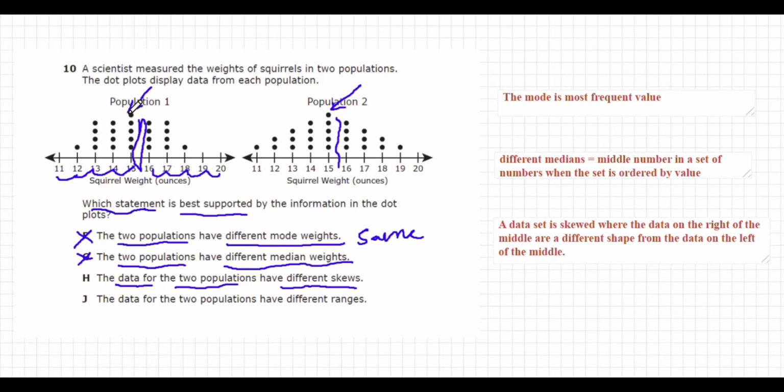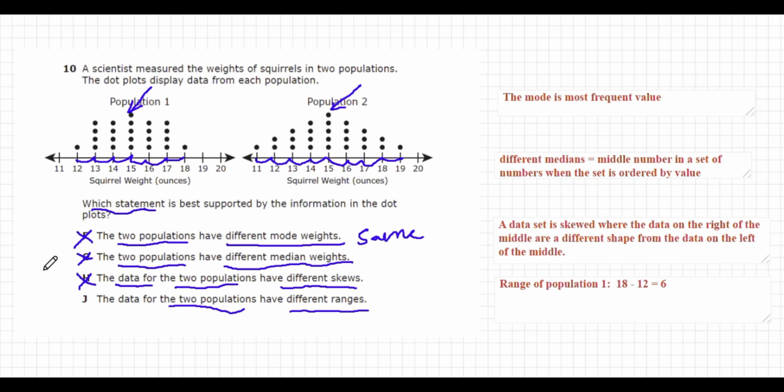A dataset is skewed where the data on the right of the middle are a different shape from the data on the left of the middle. Again, we have the same skews here, hence eliminate H. Option J. The data for the 2 populations have different ranges, which means max subtracts min. We have different values for ranges here, therefore J is the correct answer.